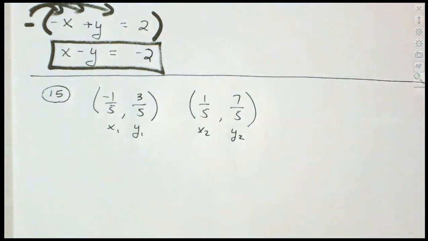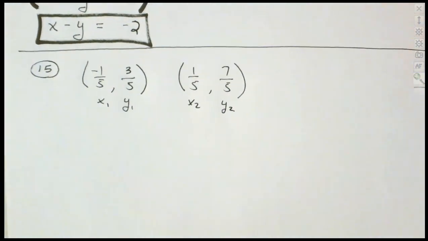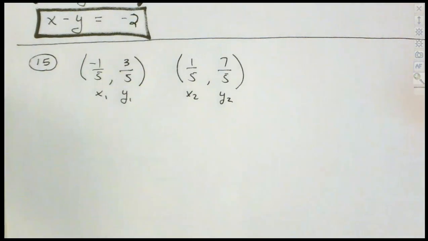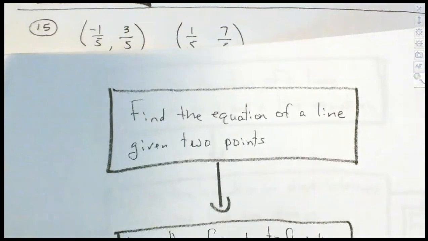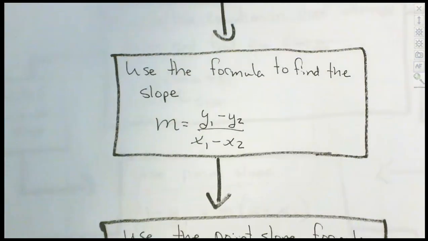And we're going to get this one in slope-intercept form. So let's take a moment to think about what we have. What do we have? 2 points. Okay? So 2 points. We go to our flow chart. We've got 2 points. What do we do? Find our slope.